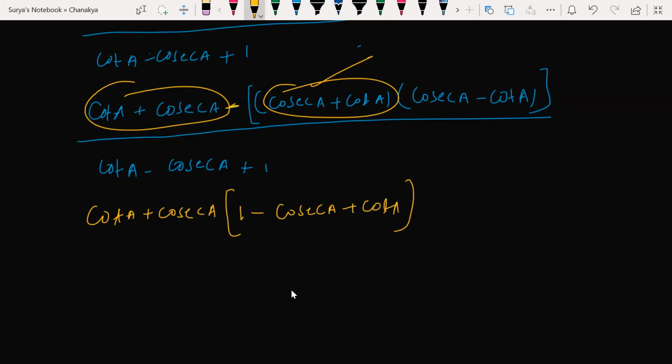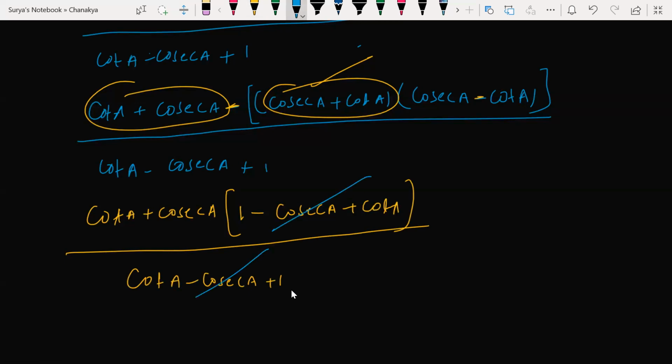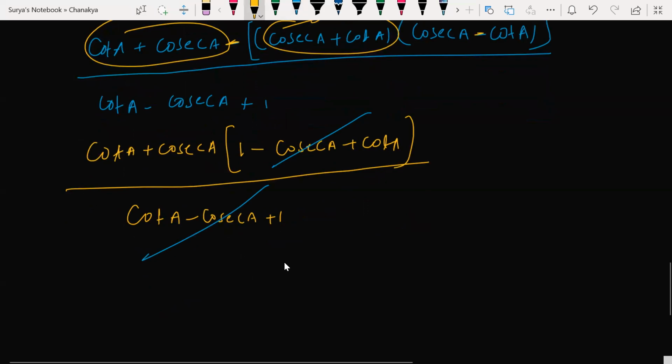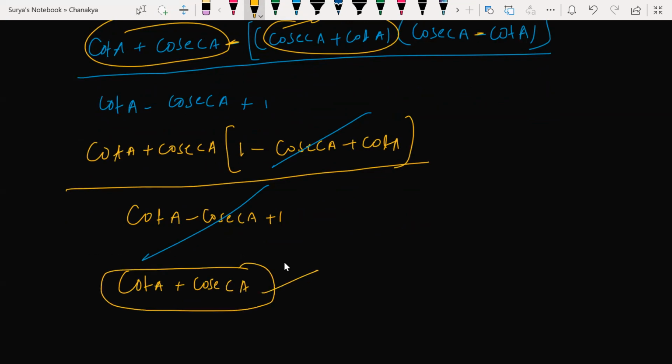Why? Because this minus into this minus becomes plus, isn't it? Any doubts? So cot a minus cosec a plus 1 will get cancelled. So what are you left with now? Cot a plus cosec a. This is my answer. Any doubts?